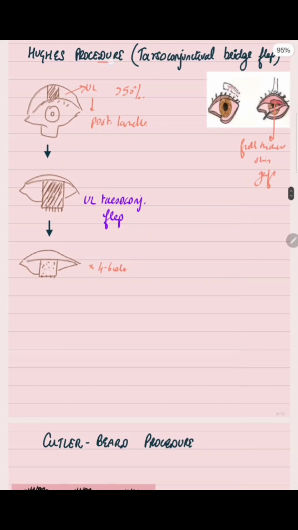In the Hughes procedure, we evert the upper eyelid, plus a traction suture is given. Then tarsoconjunctival flap formation for the upper lid.